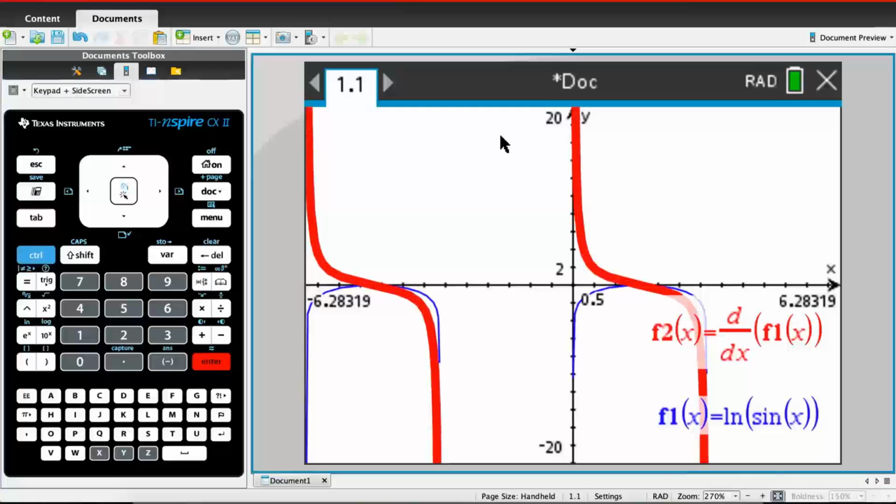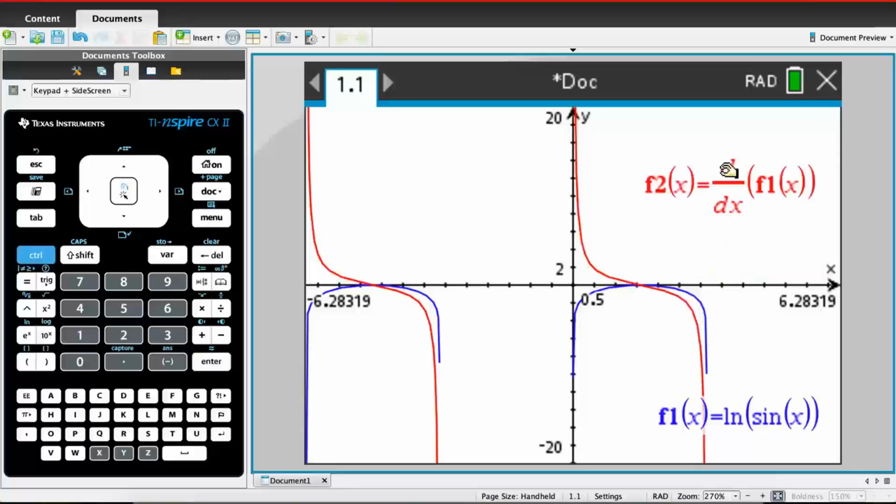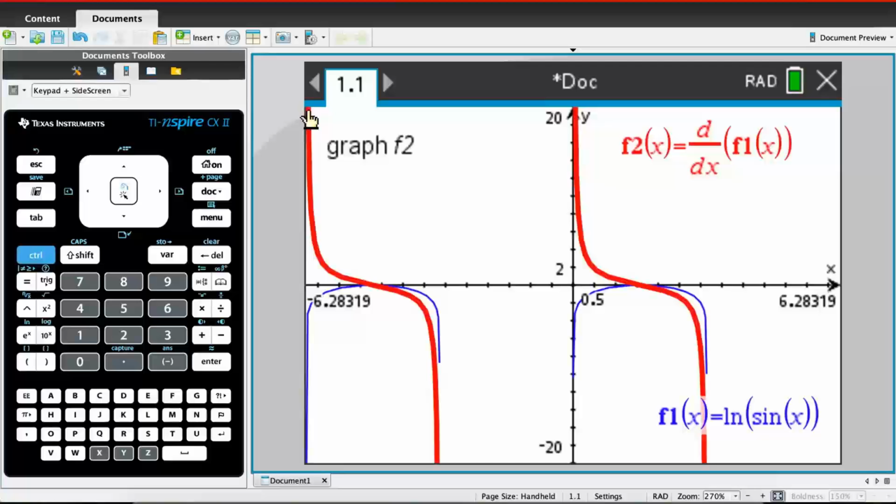Now I have a picture which shows me the original function and the derivative function, so I can quite clearly see that the derivative function has a vertical asymptote at minus 2 pi, minus pi, 0, and pi. So for my domain, I would need to eliminate those values using plus k pi.